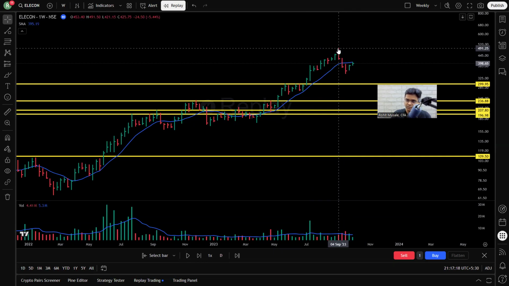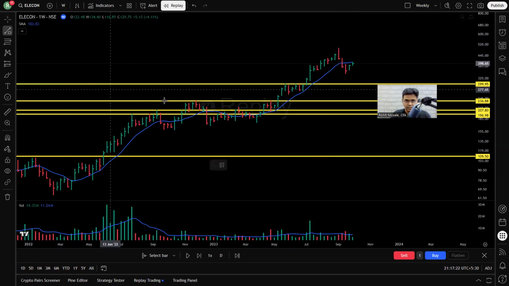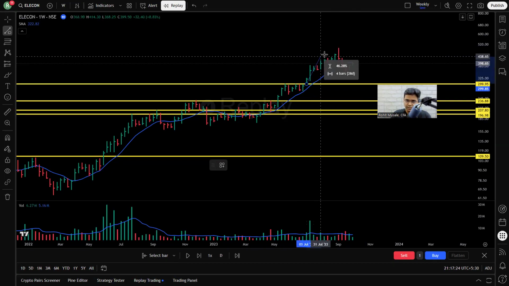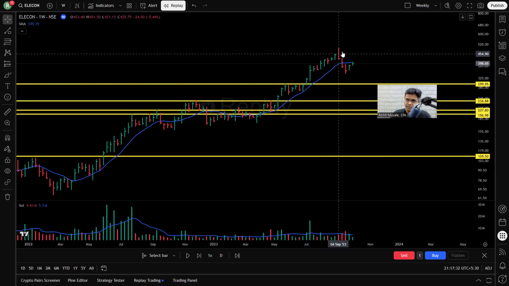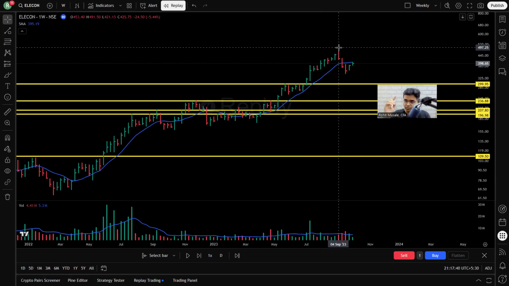Now tell me, based on your understanding, from base 3, it has gone up 64%. Okay. Now tell me, is this normal price action or is this extended price action? Obviously, it is extended price action. So now tell me, is this going to be base 4 or is it going to be base 4A?